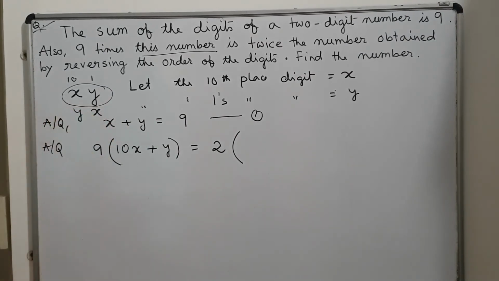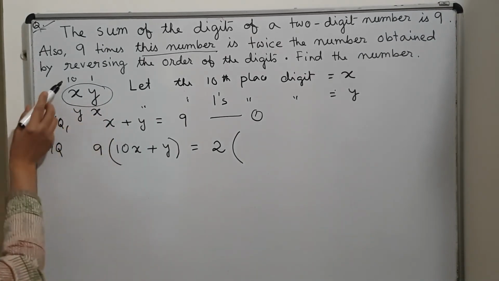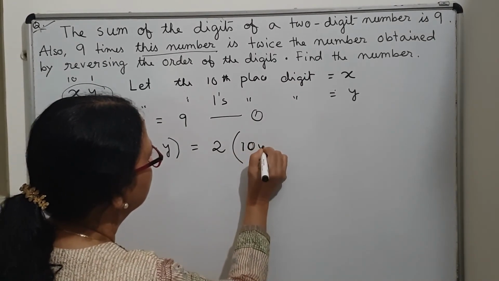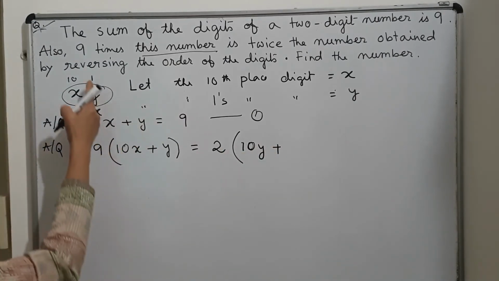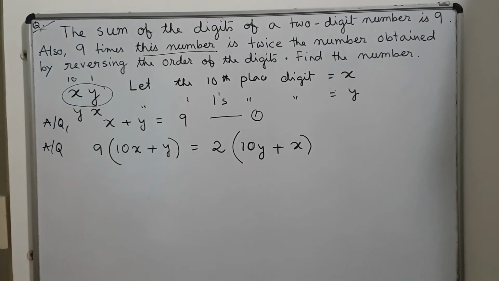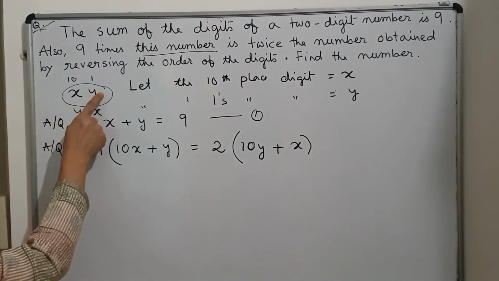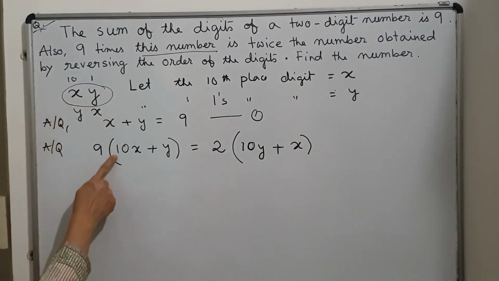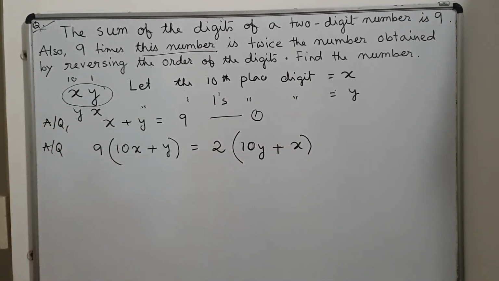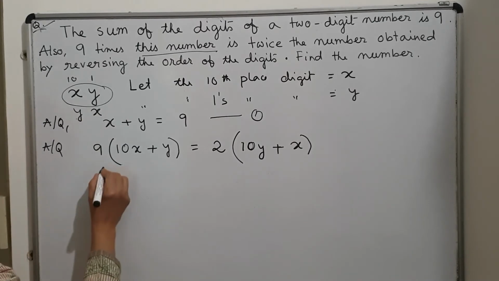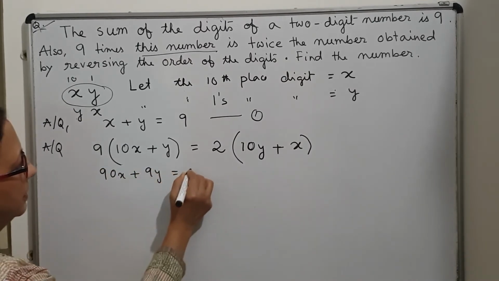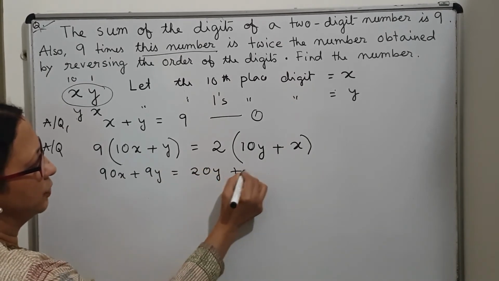So what will be the number? 10 into y plus x, which is in the unit place. xy is the number, and when I reverse, yx is the number, so the values will be like this. Then by simplifying I will get the second equation. So 90x plus 9y is equal to 20y plus 2x.